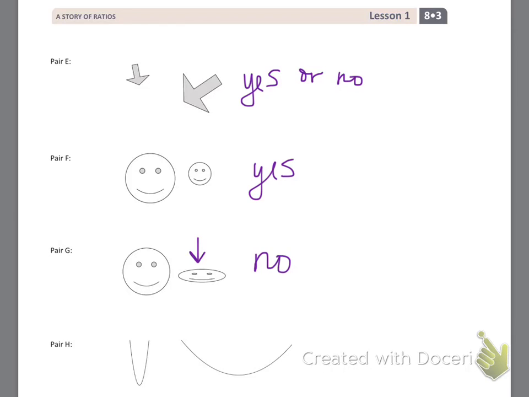Then pair H, these 2 curves, most people said no, they don't look like the same shape, because one is very narrow and tall, and the other is opened out wide. So we just did a very informal look at pairs of figures and said whether we thought they were in proportion to one another or not.